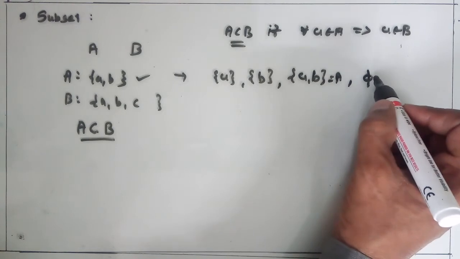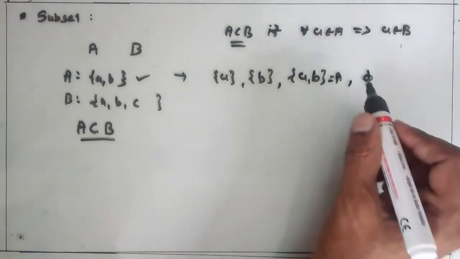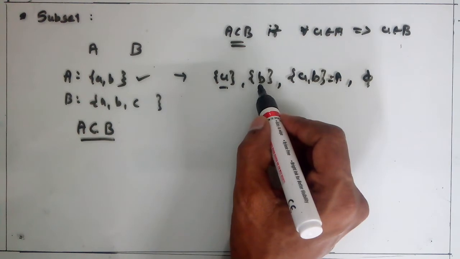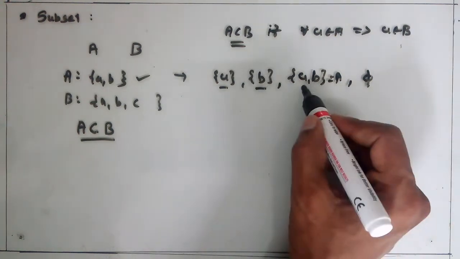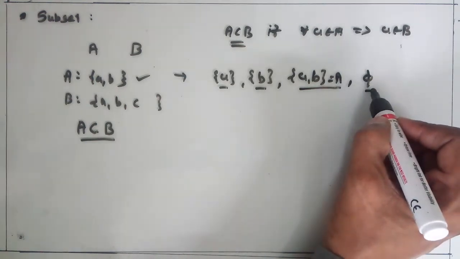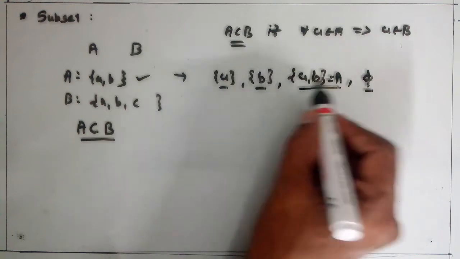Remember this: the null set is also a subset of every set. Here the number of subsets of A are 1, 2, 3 and 4.